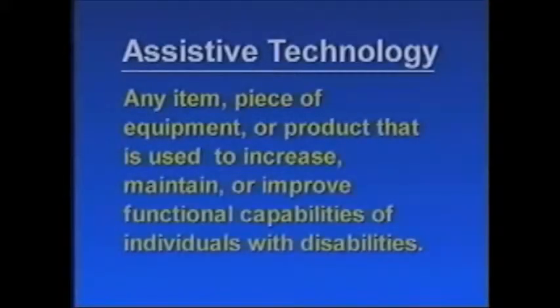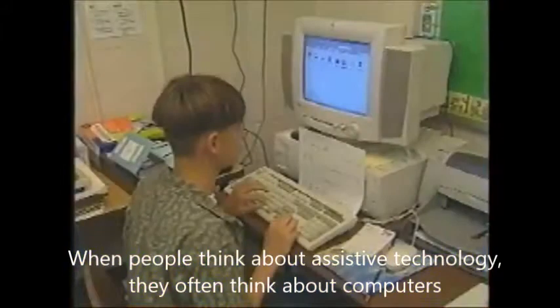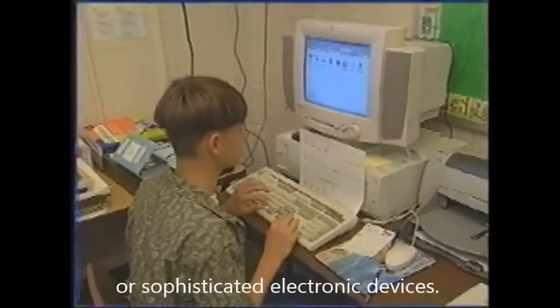Assistive technology is any item, piece of equipment, or product that's used to increase, maintain, or improve functional capabilities of individuals with disabilities. When people think about assistive technology, they often think about computers or sophisticated electronic devices.